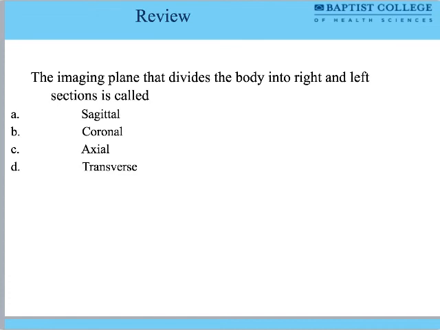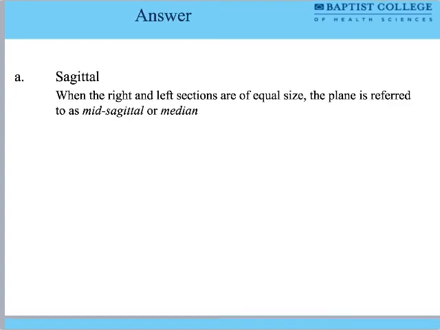So just to review our knowledge about imaging planes, an image plane that divides the body into right and left sections is called what? Good. That is going to be the sagittal plane. And so in the same way now, as I'm looking at an image in the sagittal plane and I advance to the next image, I'm advancing to the patient's right or the patient's left.